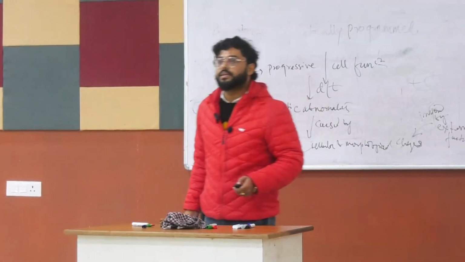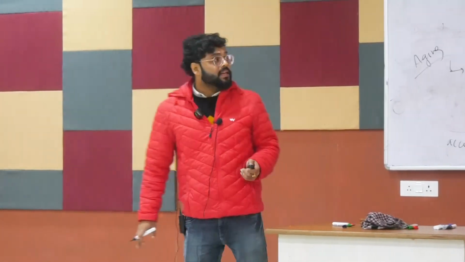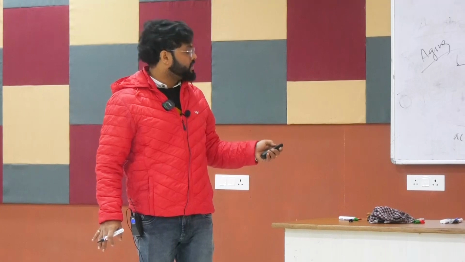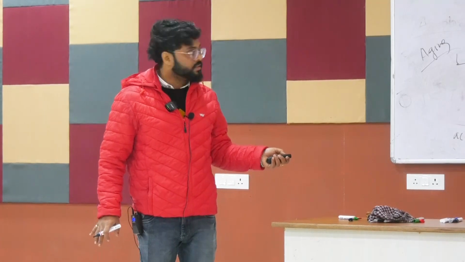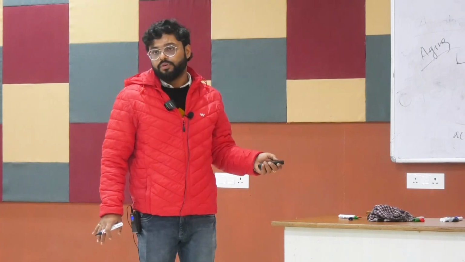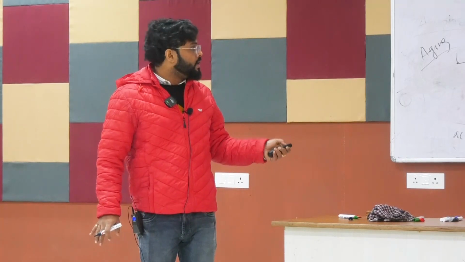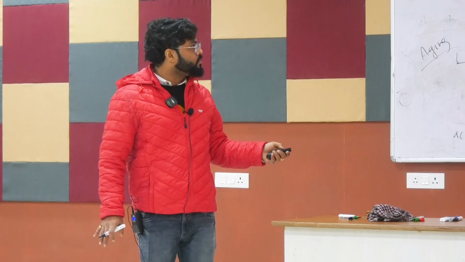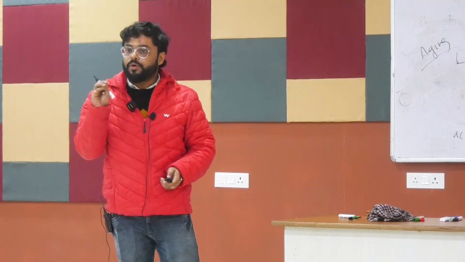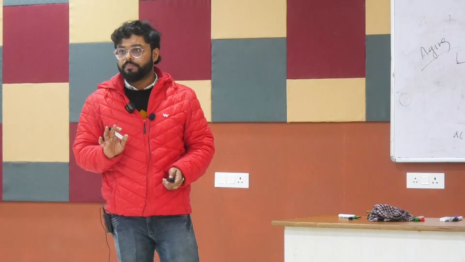So first is DNA damage. First mechanism is DNA damage. These are the theories, and these mechanisms fall under DNA and genetic theories. These four points are the molecular mechanisms.